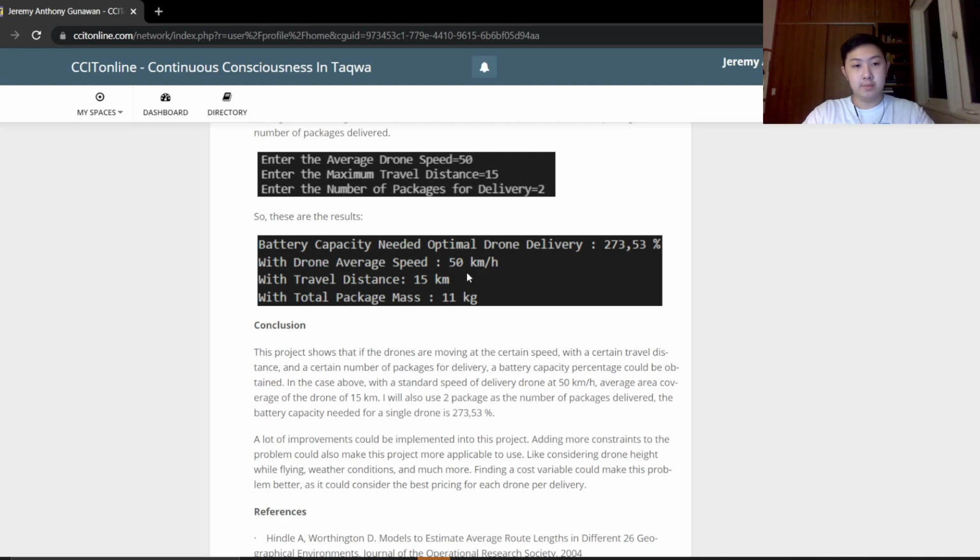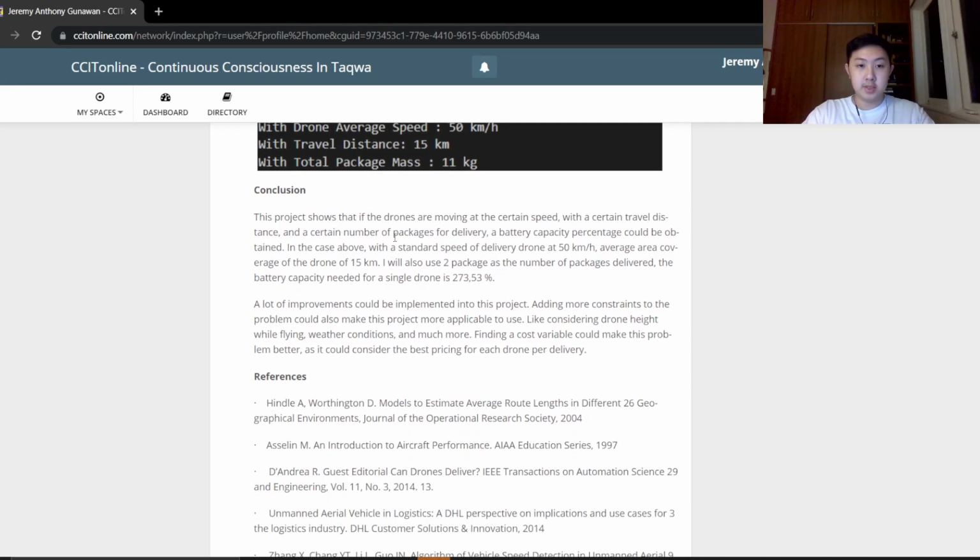So these are obtained by these data, which are the ones we input, which is 50, 15, and 2. So the conclusion is, by telling the code a certain speed, a certain package weight, and a certain travel distance, we can find the optimal battery capacity percentage needed.